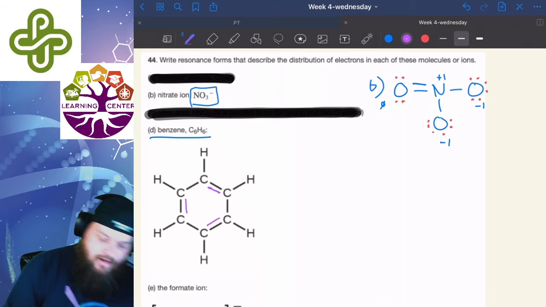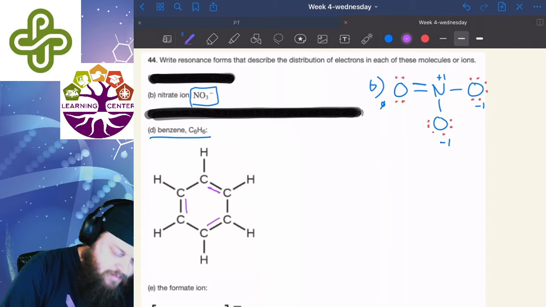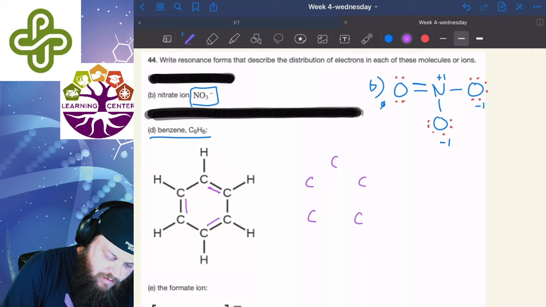But it can also switch and rotate, and we can end up with the same 6-membered ring. I'm going to redraw it here with its hydrogens. Oh, I forgot a bond.